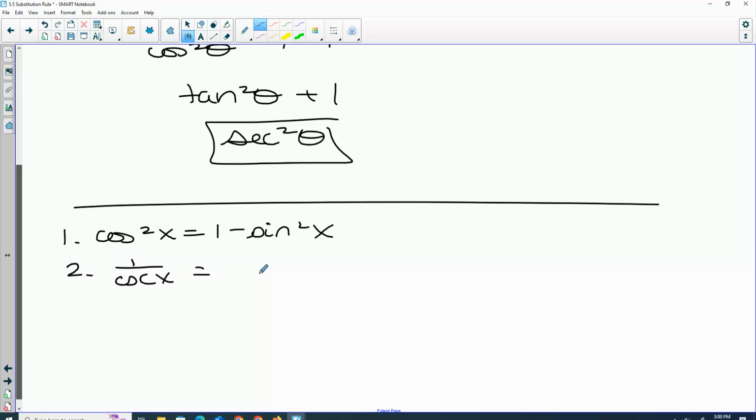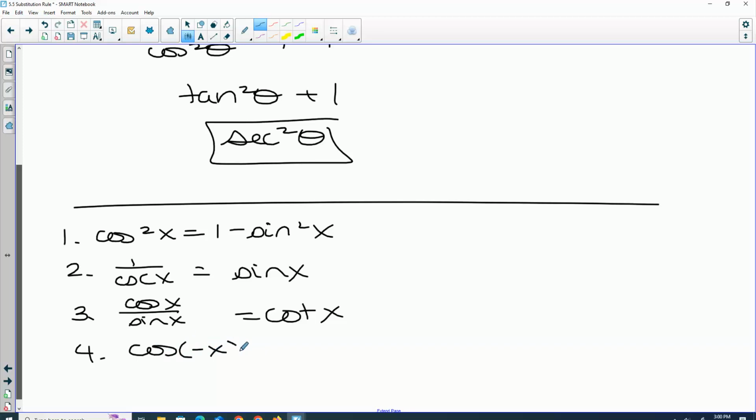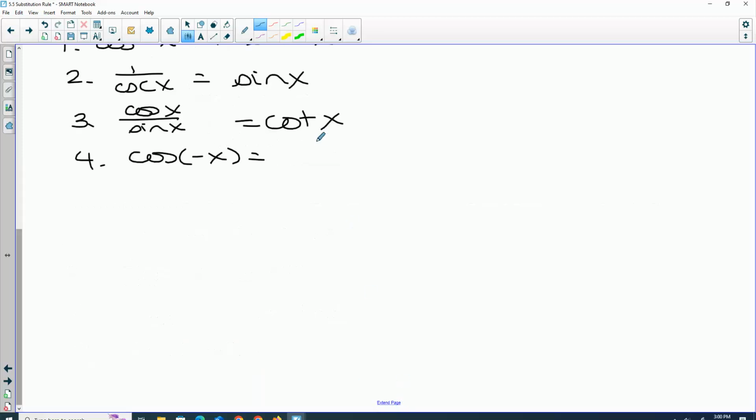What is the reciprocal of cosecant? Number 3, what is cosine over sine? Number 4, what is cosine of a negative? Remember, cosine and secant are the only 2 like that. The other 4, the negative comes out in front. We saw that when we were graphing.